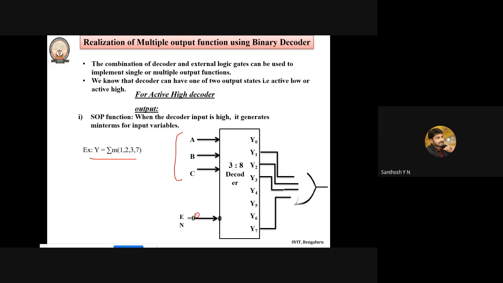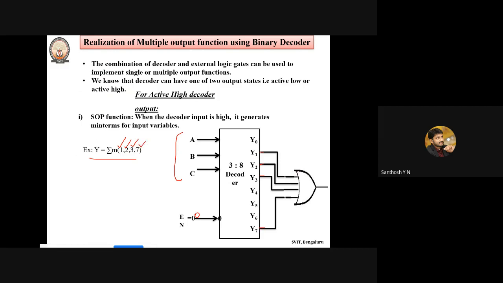I am extracting one output from Y1 because the min term is 1, and I am also extracting from Y2 because the min term is 2, from Y3 because the min term is 3, and from Y7 because the min term is 7.